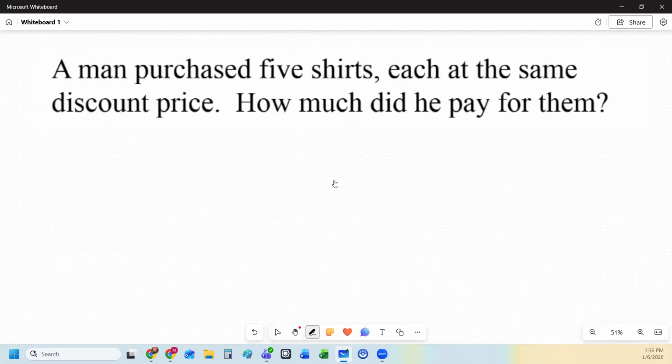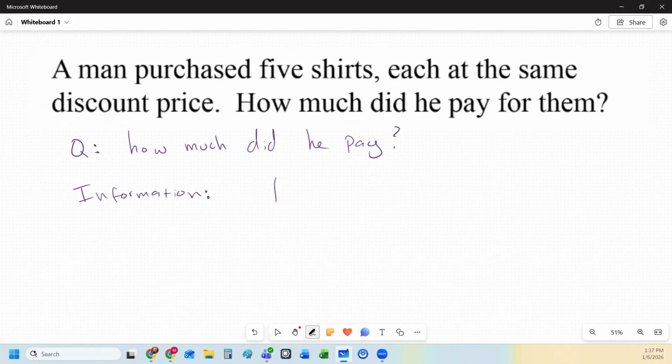Well, the question here is, how much did he pay? And the information that we have is that they were all the same. And that's really it. That's all my information.